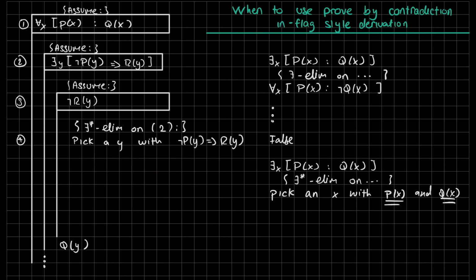And then you keep looking. With this assumption you can't do anything because that just tells you that not R of y holds. You're assuming that R of y holds. Well, we already used the existential quantifier, so you see that we really need to get this P of x. So this is where you use proof by contradiction because there's nothing else we can do.